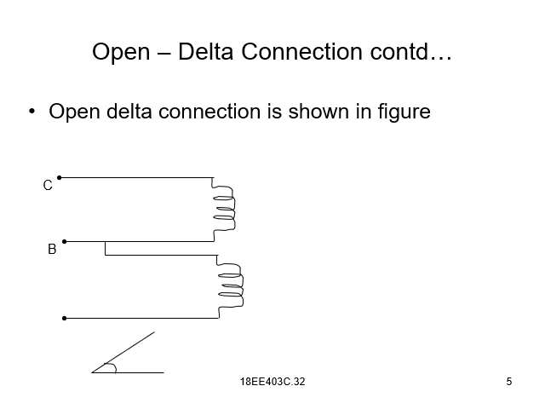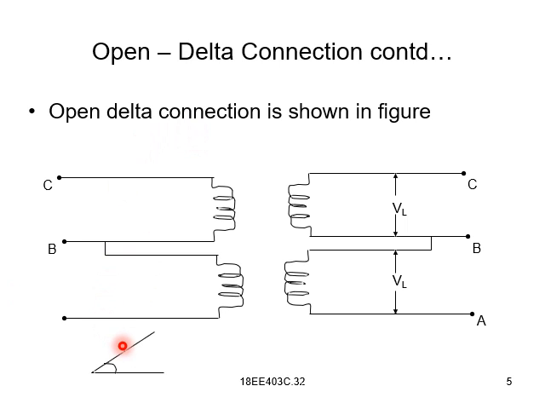So this is on the primary side, and similarly on the secondary side. So this is the open delta structure or V type of structure.